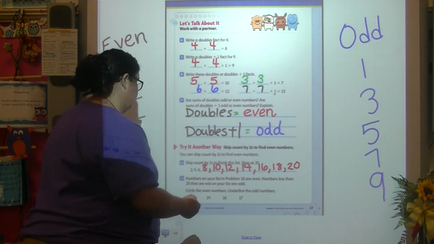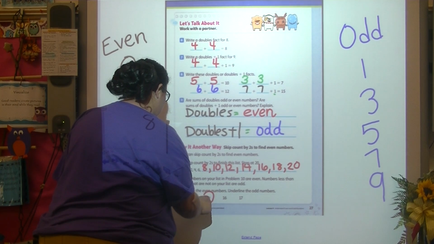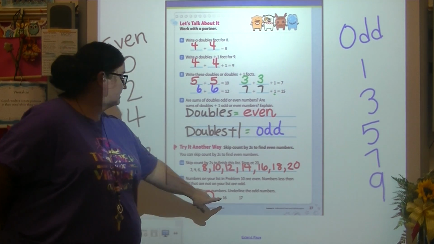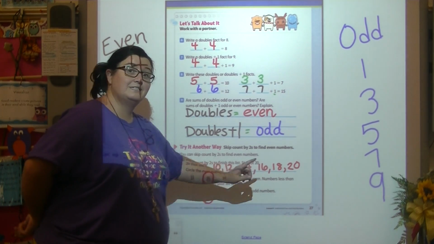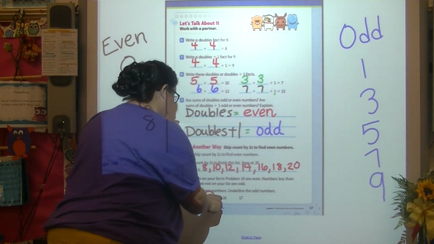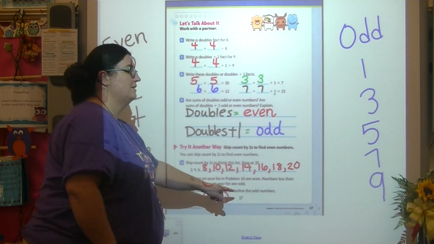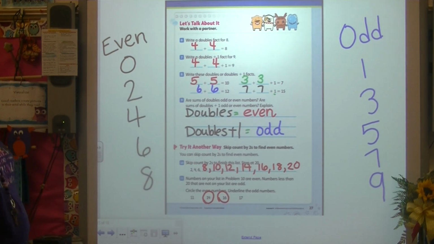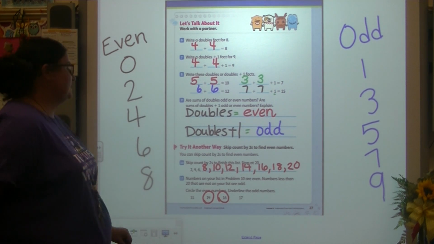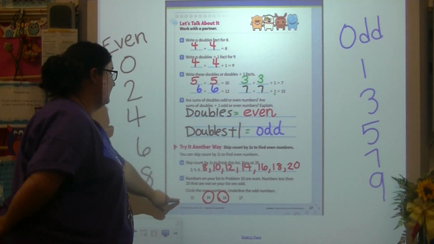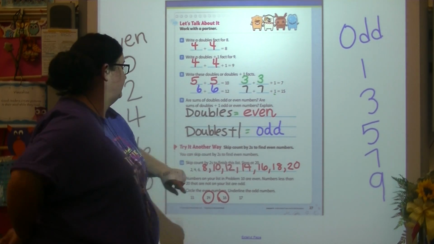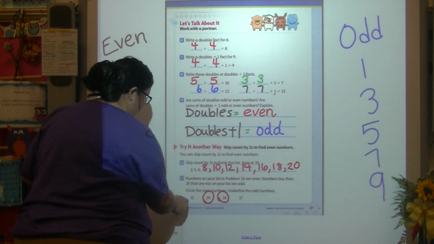Circle it. 16. Is it even? Yes, it is. 17. Is it even? No, it is not. Now it says underline the odd numbers. So 11 and 17 are odd. We can underline.